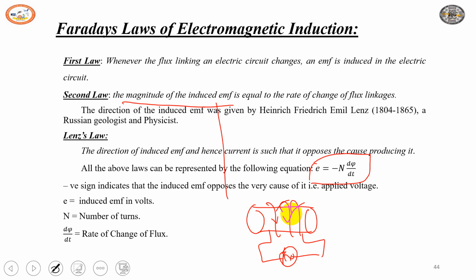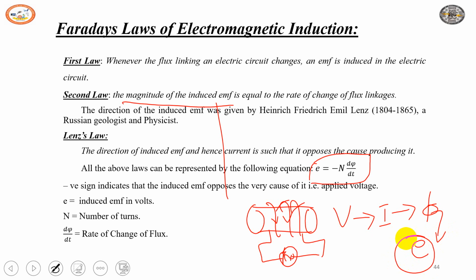But Lenz's law states that the induced EMF produced will oppose the cause producing it. The voltage gives the current, the current flowing in the coil produces a flux, and this flux linking the coil produces the induced EMF.